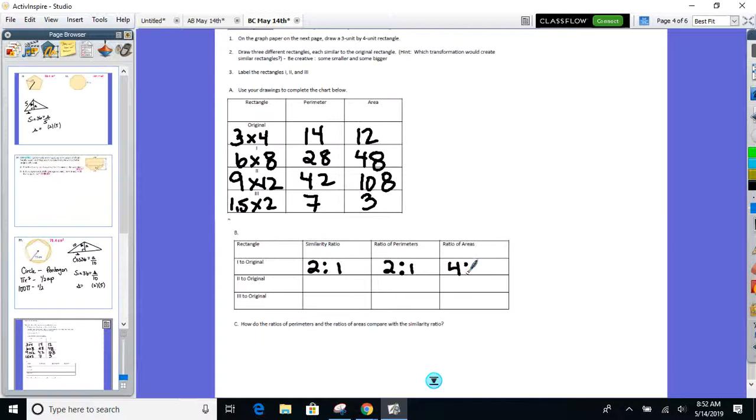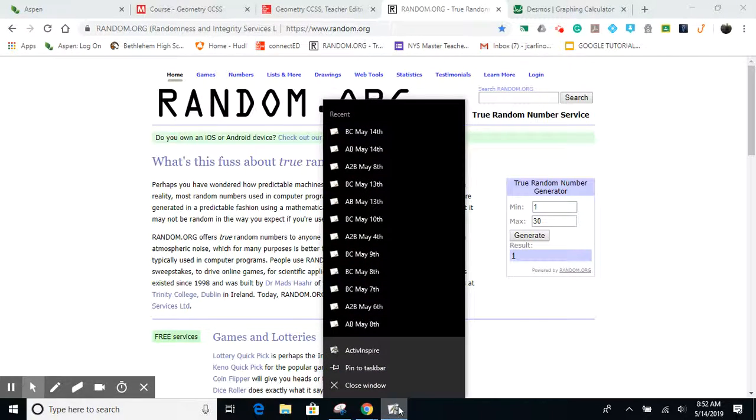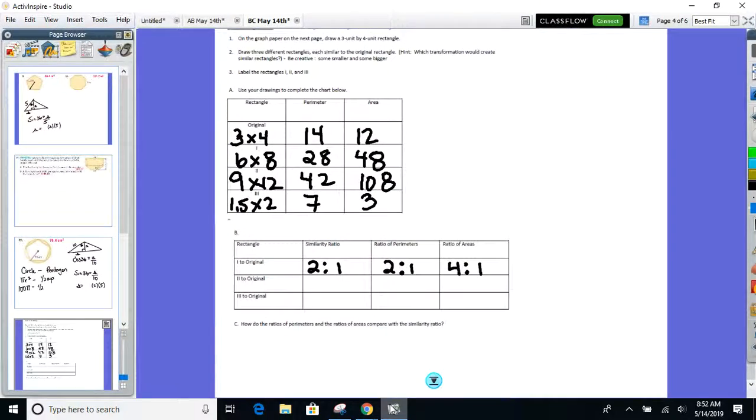All right. We can't establish a pattern after one example, so now let's compare 2 to the original. What's the similarity ratio of rectangle 2 to the original rectangle? All right, you're up. Here we go, Meg. Come on. 3 to 1.